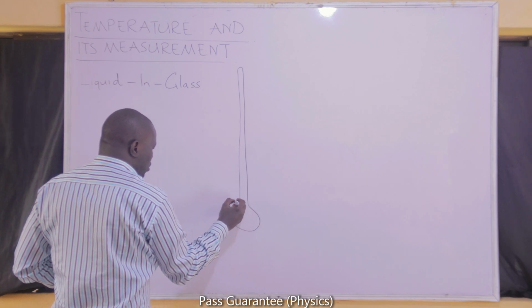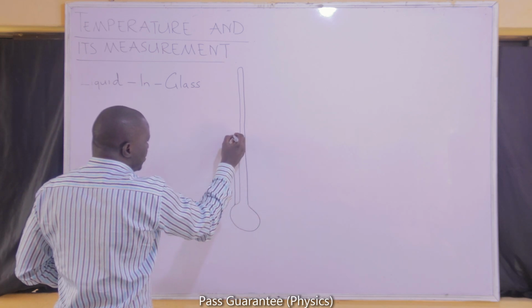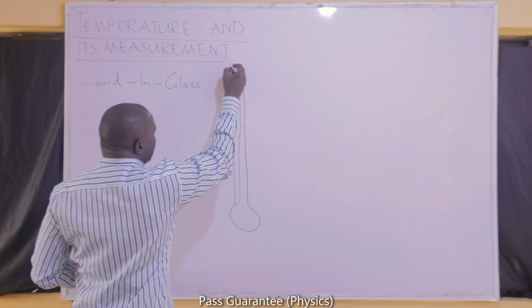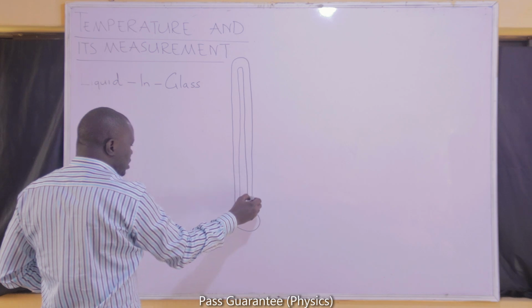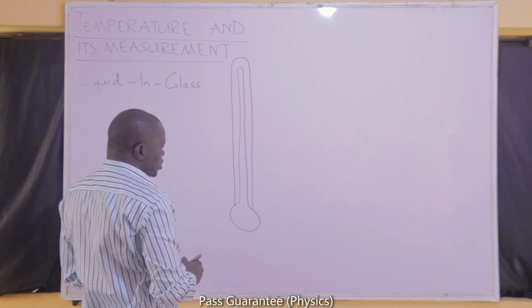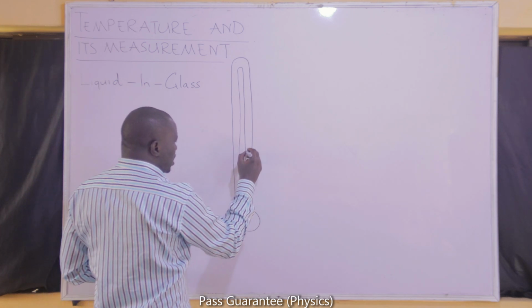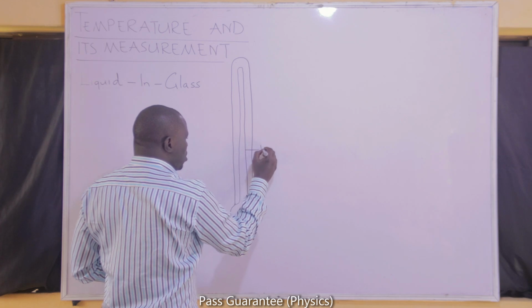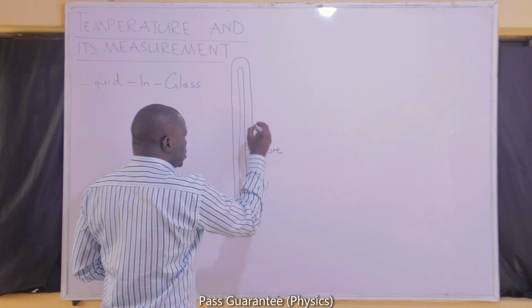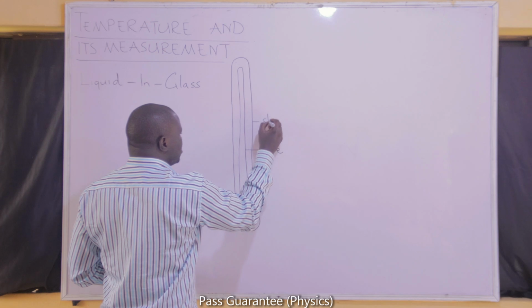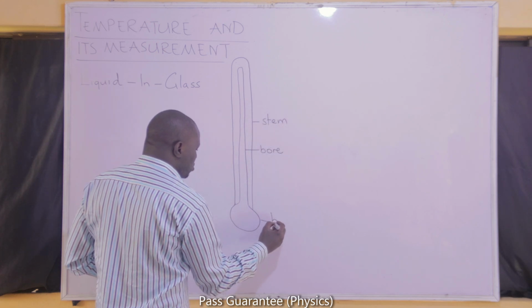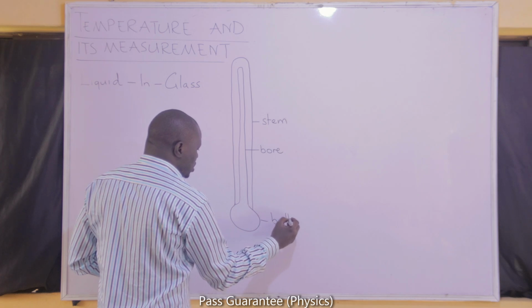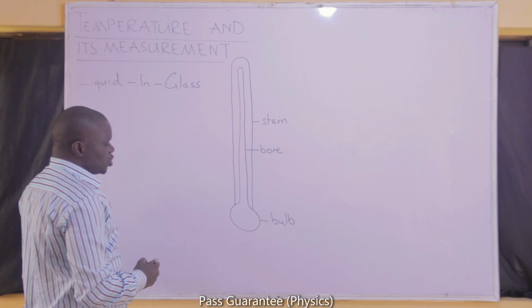Of course, there's a thicker stem that is covering the narrow stem. This narrow stem will be called the bore. This will just be called the glass stem. And this will be called the bulb. So this is how a liquid in glass thermometer looks.